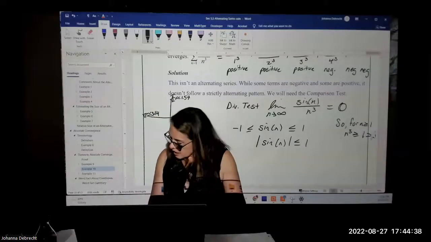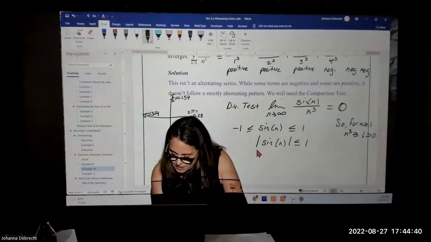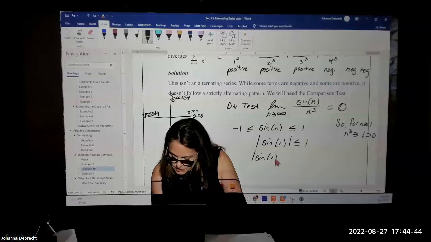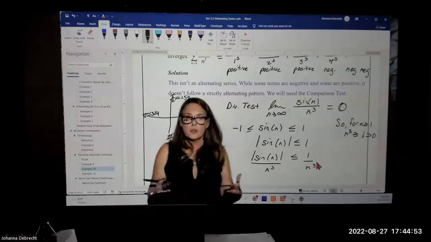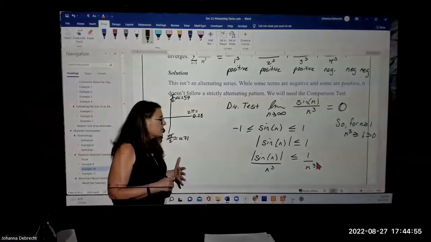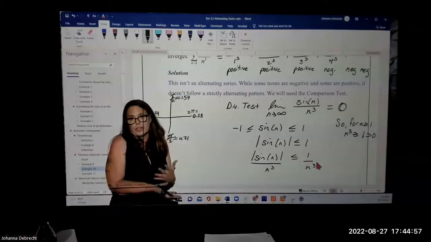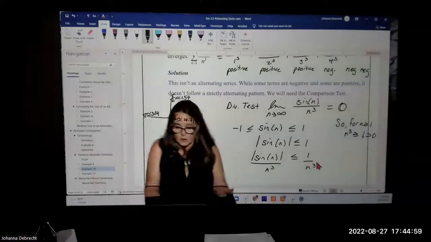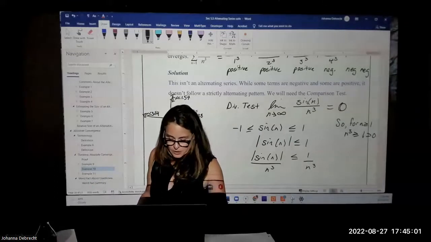So what we're going to have now is this in absolute values divided by n cubed on the left and divided by n cubed on the right. Now we know n cubed is positive, so it wouldn't matter if we put it inside the absolute value because we already know it's positive to start with.